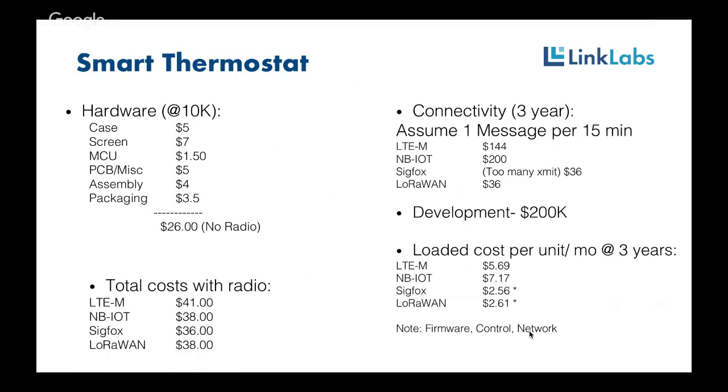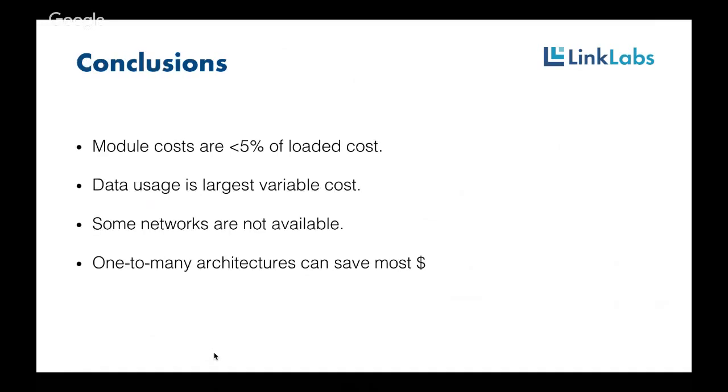You got the baseline hardware development, the module costs, just to spend a little bit of time talking about modules versus chip down. I always recommend that customers go with a module during the prototype phase. The reason that you would go chip down is because you're really trying to eke out every last penny of your BOM design. But as I showed here, the cost of the module is already less than 5% of the loaded cost of development of your system.